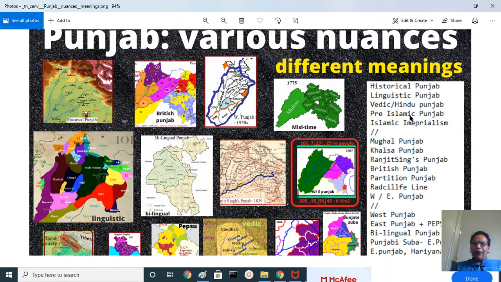And before the delusional belief system of Islamic imperialism started introducing itself through the invaders, we look at pre-Islamic Punjab, the final stage of the struggle for the survival of ancient civilization, and finally the firm establishment of Islamic imperialism in Punjab and Islamization of most of Punjab during the Mughal regime.